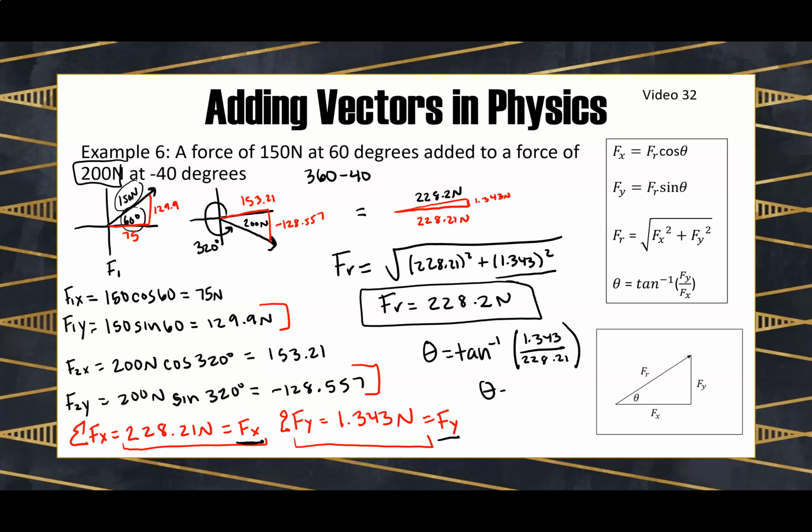And we get theta is equal to, it should be a real small angle, and I get 0.337 degrees. So I can't even fit that in there, but that theta would be basically right here. So you pretty much end up with a resulting force that is almost directly east, but not quite. So our final answer is going to be 228.2 newtons at 0.337 degrees. So you need both of these answers right here.